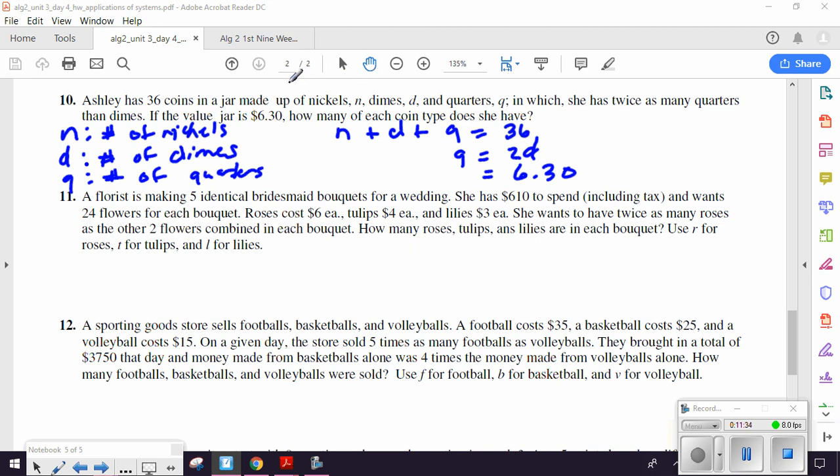So a nickel is 5 cents, but when you write it as a decimal, that is 0.05. A dime is 10 cents, but as a decimal, which is what we need, is 0.10.